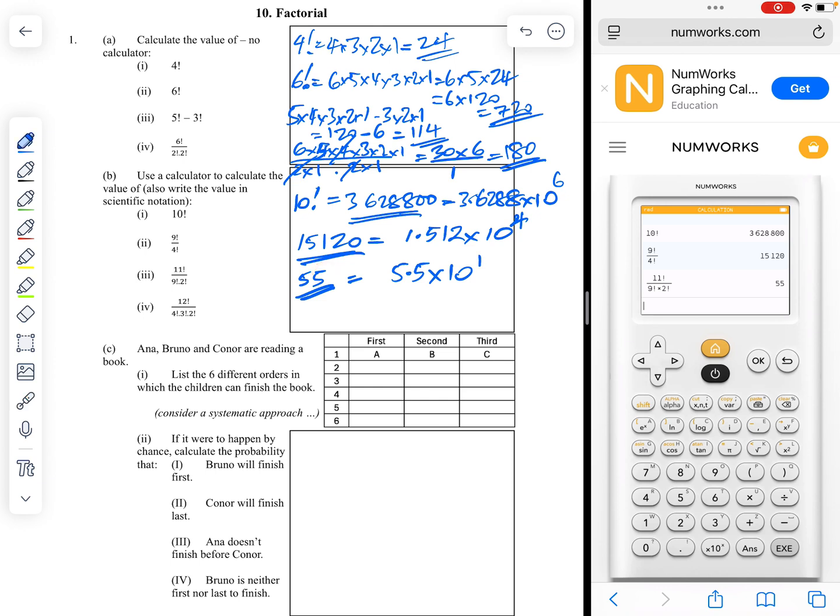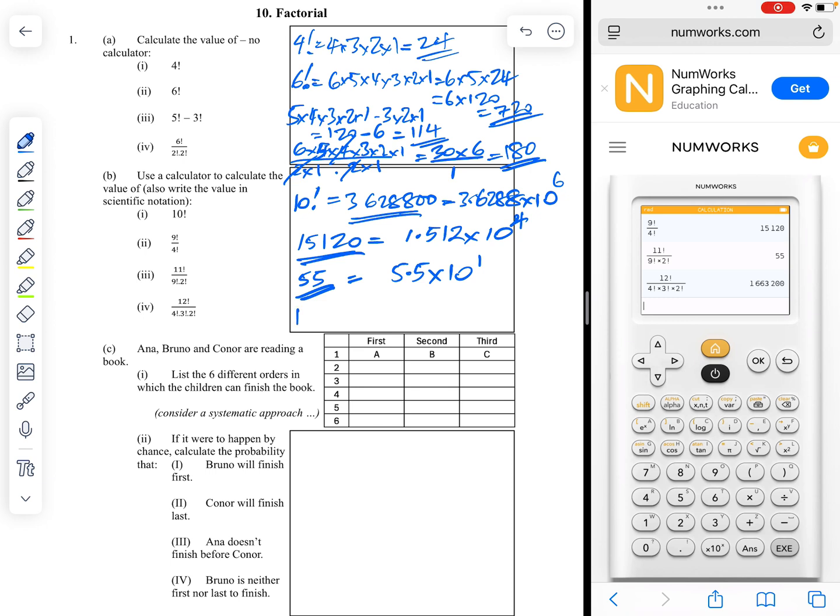Finally, 12 factorial over 4 factorial, 3 factorial, 2 factorial. So 12, toolbox, execute, move across 1. Now we can press divide. Underneath in the denominator, 4, toolbox, factorial, move across 1, times 3, toolbox, factorial, move across 1, times 2, toolbox, select, that's what we want.